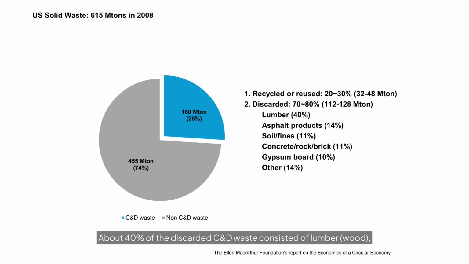About 40% of the discarded C&D waste consisted of lumber, wood, 14% was asphalt materials like old roofing and paving, 11% was soil and fines from site excavation, another 11% was concrete, rock, and brick rubble, around 10% was gypsum drywall, and the remaining 14% was other construction materials.